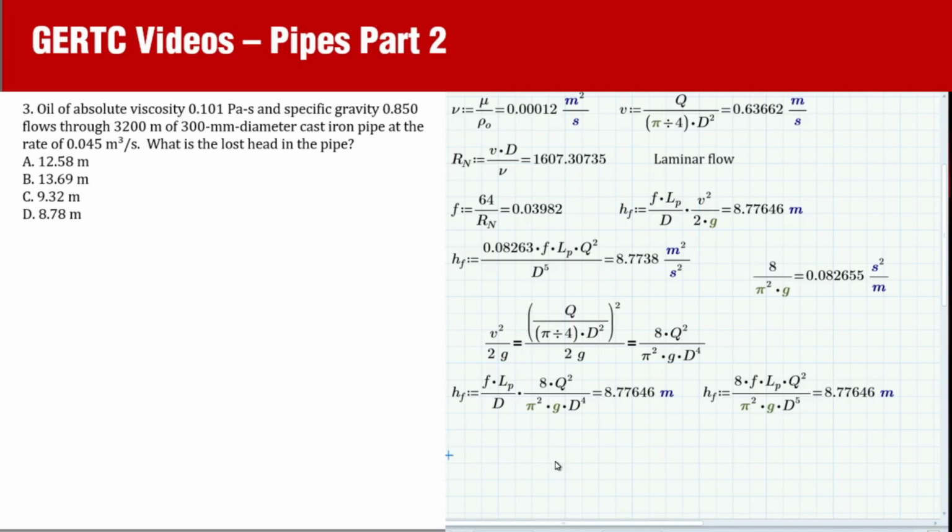Okay. Now, you might also ask me, Sir, how about this formula? 128 times mu times L times Q, over pi times rho, in this case the rho of oil, times G times D raised to the 4th power. I know some of you nakita to sa libro.